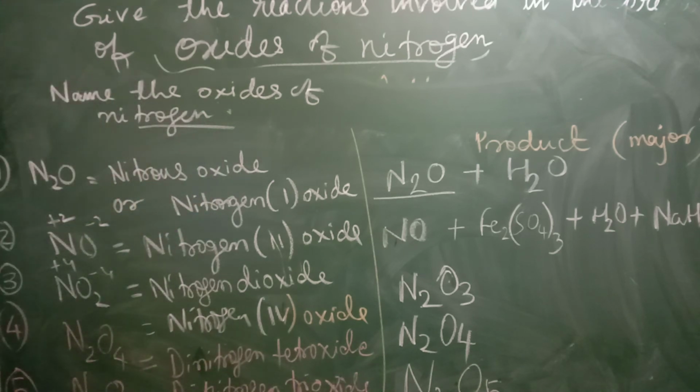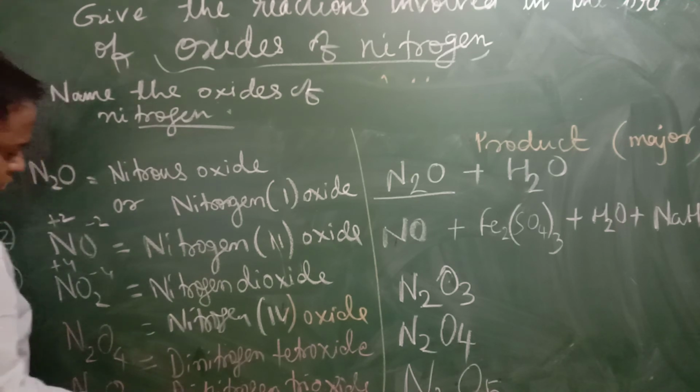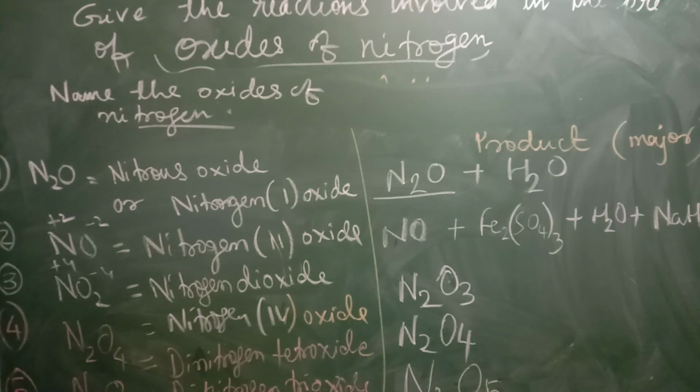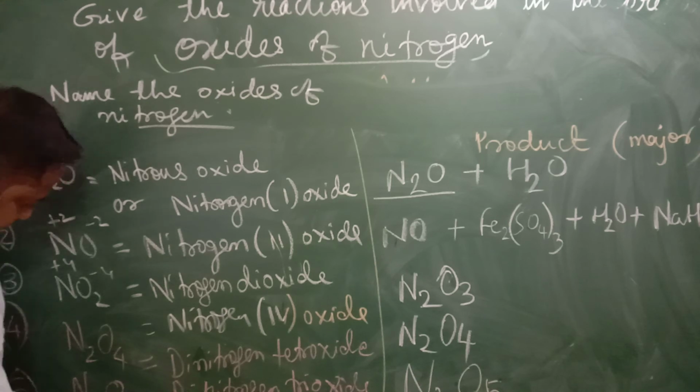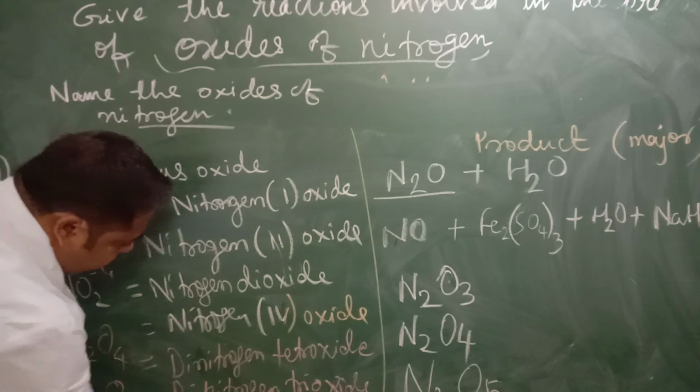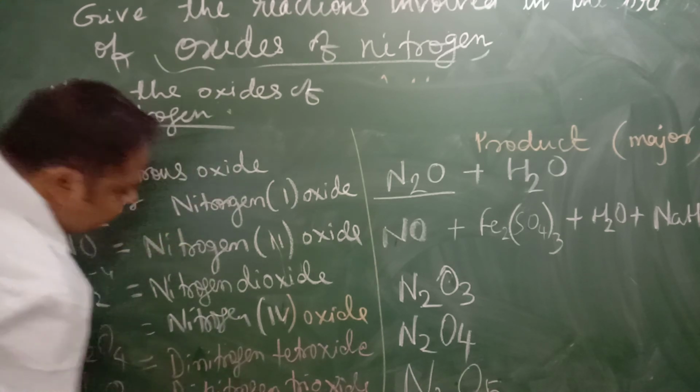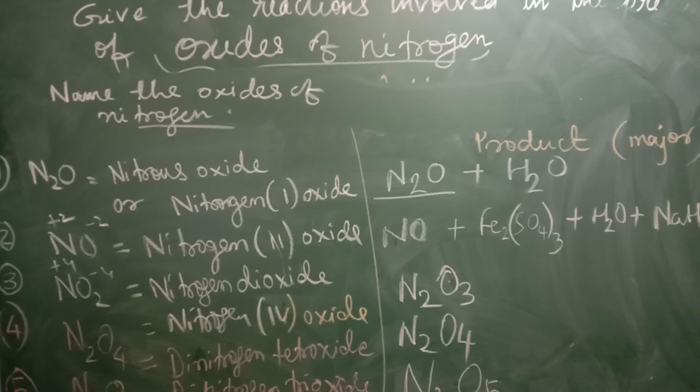Stock notation wise what you can write: 2x minus 6 will be equal to 0, so x seems to be 3, this will be nitrogen(III) oxide. Okay, and at last N2O5. Try to find out the oxidation state and the name of this molecule.